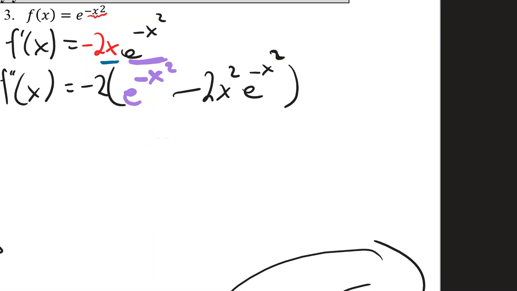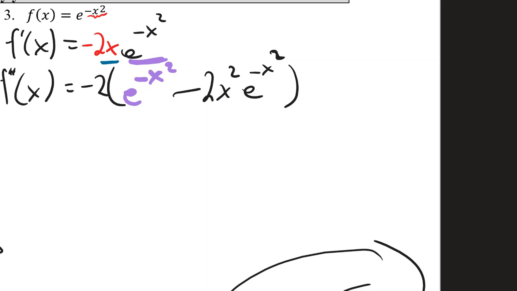Likewise, you could have a function that's decreasing that's concave up, but you could also have a function that's decreasing that's concave down. So increasing and decreasing don't tell you anything about concavity. You need the second derivative.